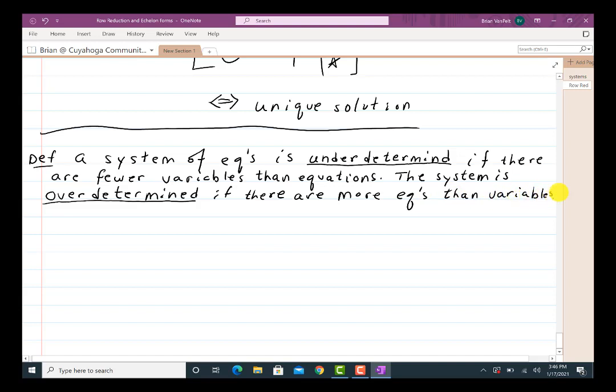So with that in mind, it's overdetermined, meaning you probably have extra information that wasn't necessary. And so what usually happens in those cases is you'll find that you'll have rows that will just zero out.